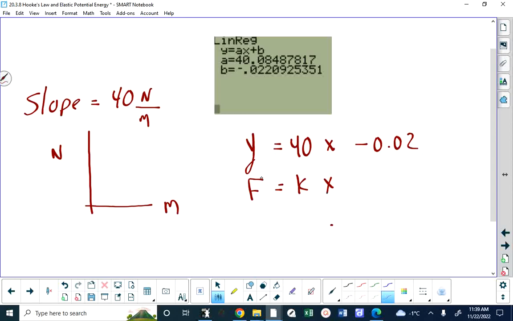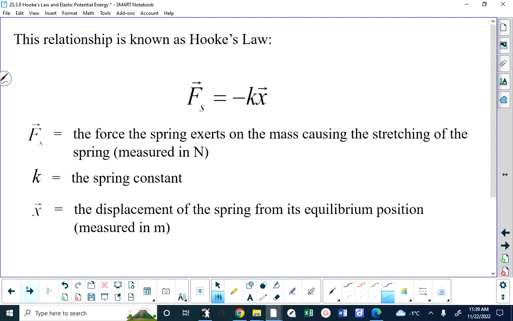So when we go back to the top of the page there, I just kind of left you hanging as to what the spring constant is. The spring constant is a number of newtons per meter. A very large spring constant would be something where you have to pull quite hard to stretch it.